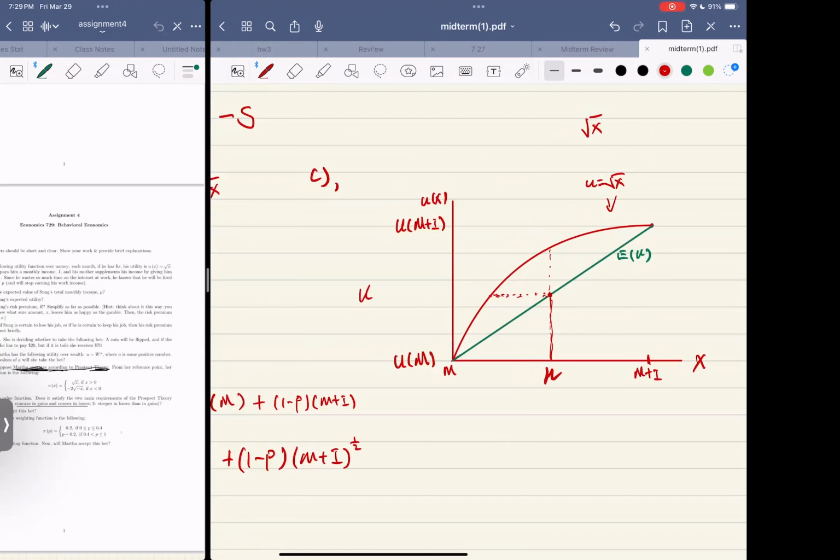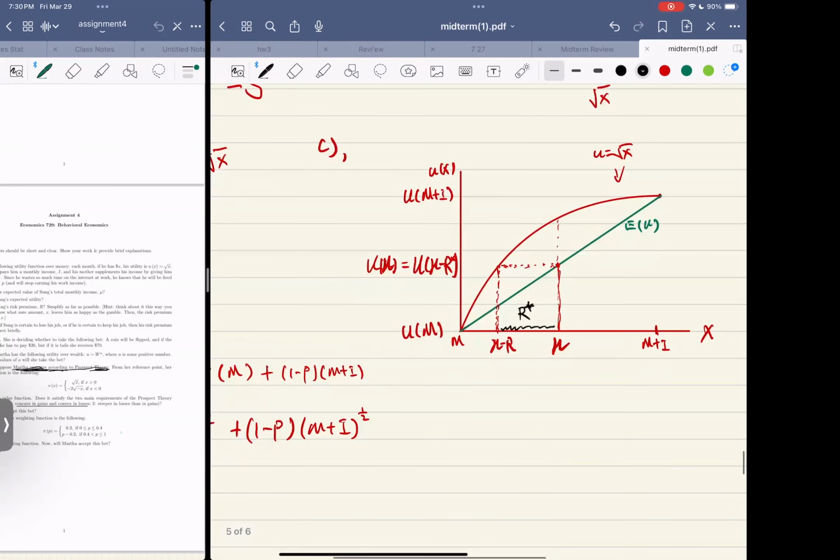So the utility of mu minus r. We know that this black line is r, because whatever the maximum amount of money we are willing to pay to get this insurance must equal our expected utility of mu, right?